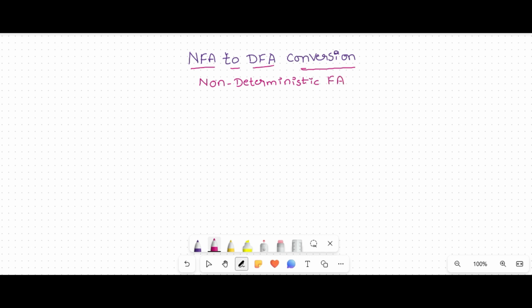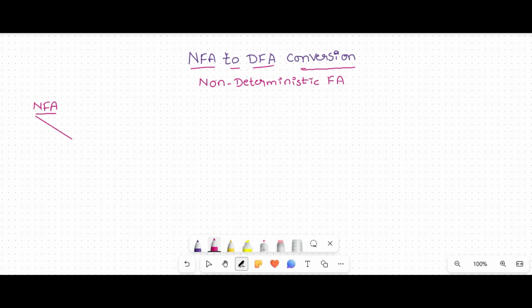DFA means deterministic finite automata. So how to convert this NFA into DFA? For example, consider an NFA like this.